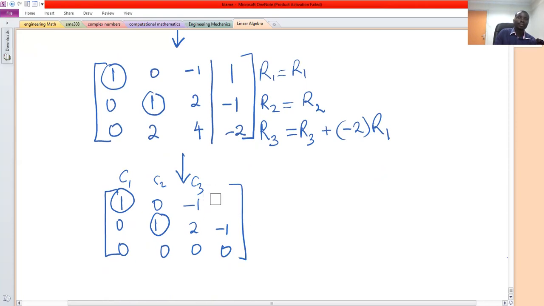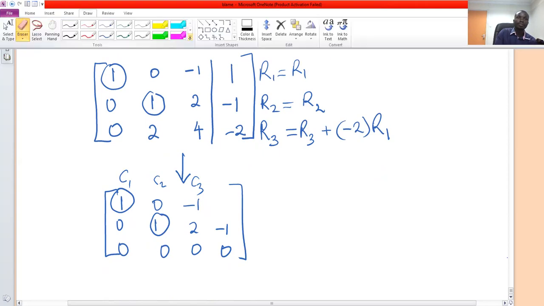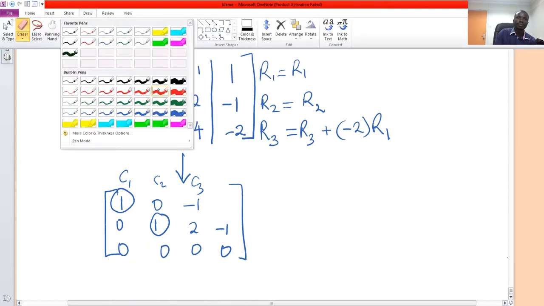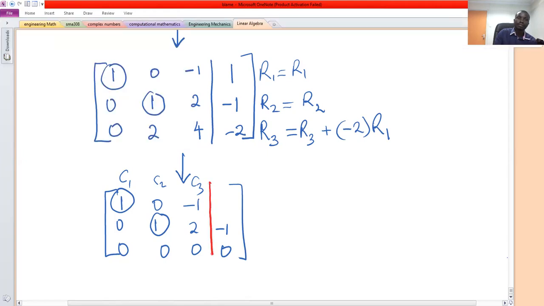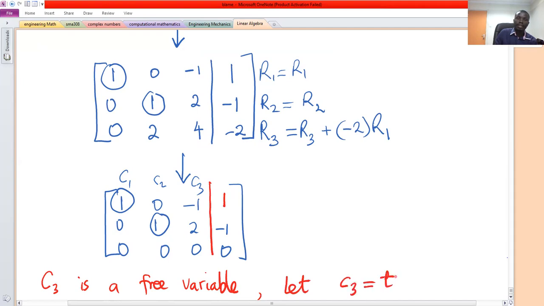So let C3 be T, where T is any real number.